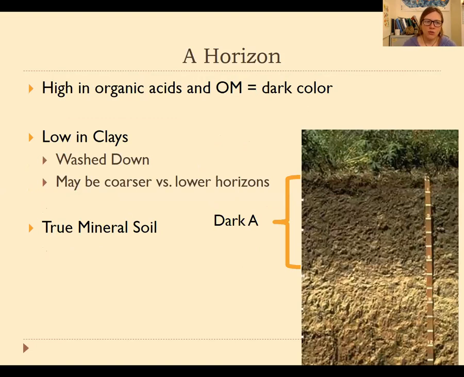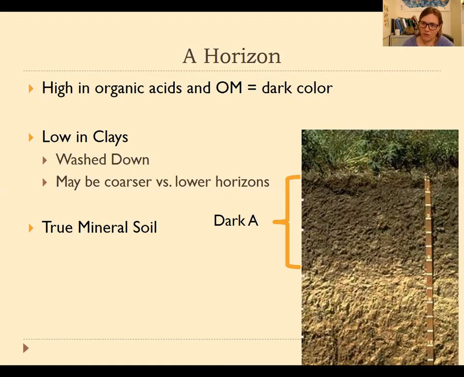So the A horizon soil is high in organic acids and organic matter that is leached down from the O horizon above, and also contributed by plant roots and other organisms that penetrate into the A horizon. This is where there's going to be much more plant root activity and much more organism activity. Little earthworms and stuff are going to be moving around in the A horizon, which is sometimes casually referred to as the topsoil.